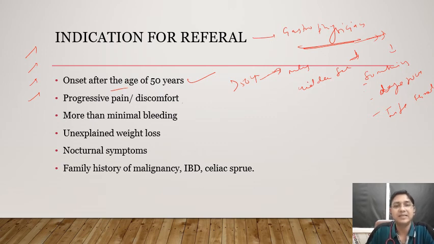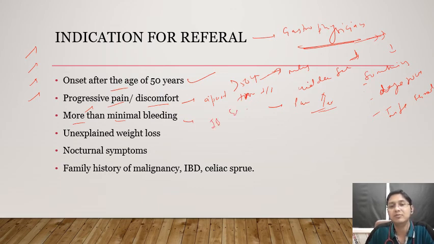If the patient is having discomfort and you are giving treatment, but the pain is progressive, meaning apart from the treatment he is taking, the pain is continuously increasing, then there is something which is creating a lot of problem. Third, there is bleeding. You have done everything, you have done colonoscopy also, the gut is absolutely normal, but the patient says there is minimal bleeding with stool.